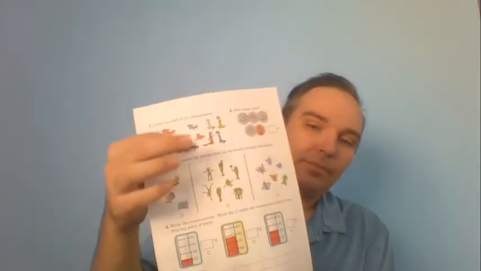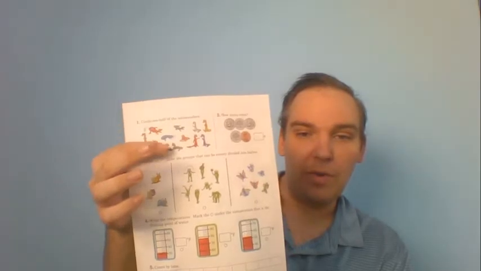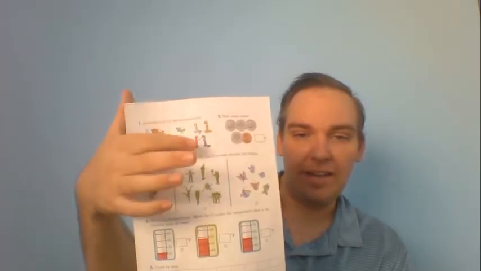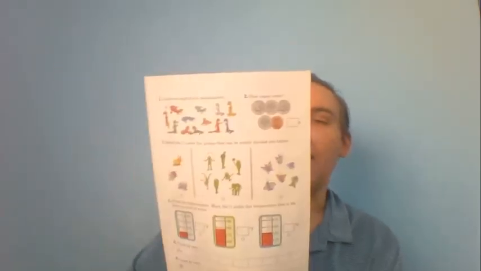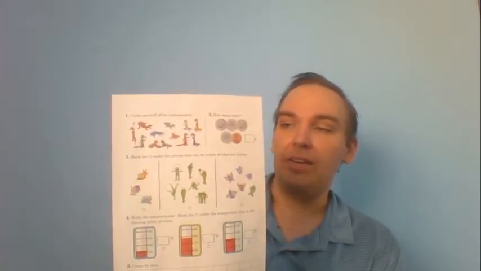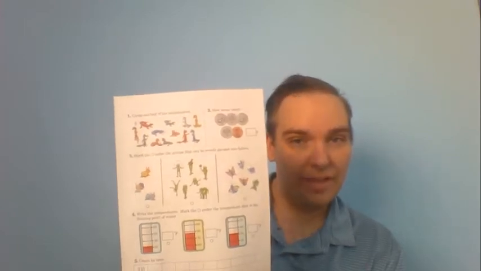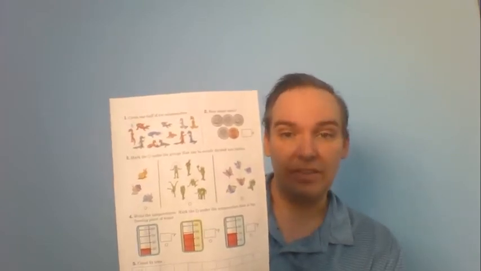So let's take a look at these lizards here. How many do we have? We have 1, 2, 3, 4, 5, 6, 7, 8, 9, 10, 11, 12. We have 12 salamanders. What is un mitad de 12? What is 1/2 of 6?